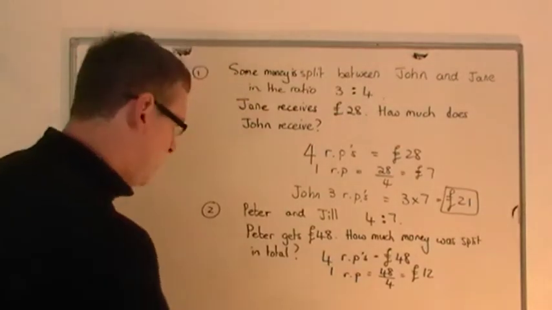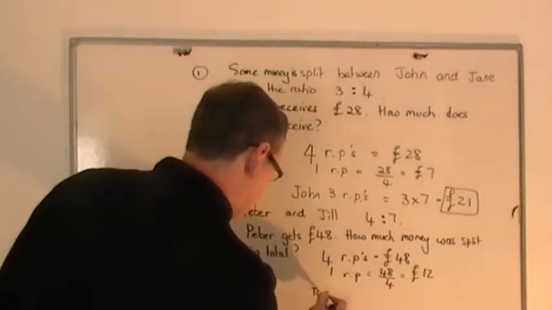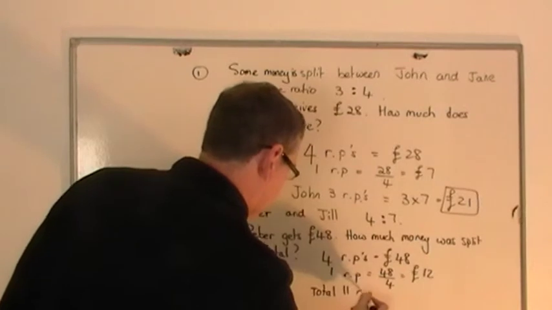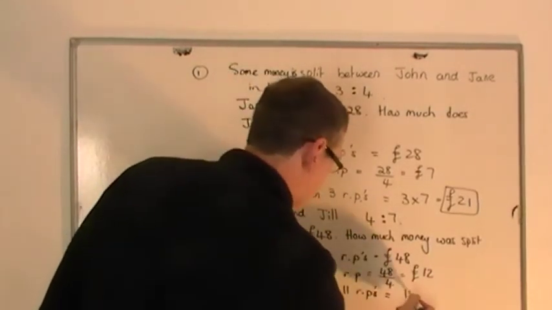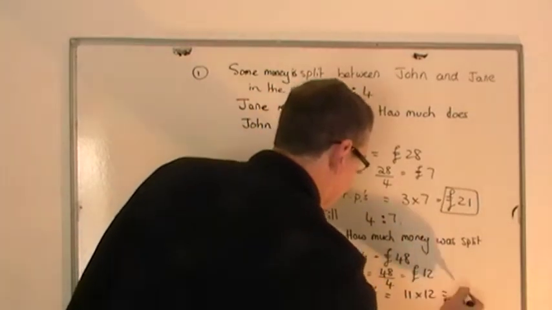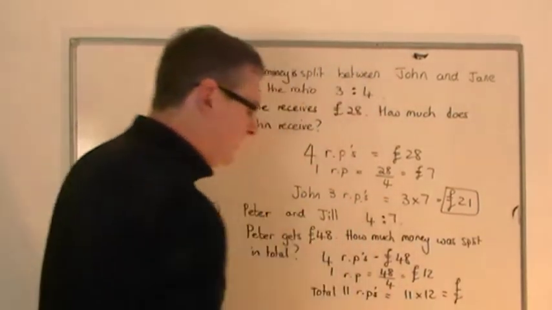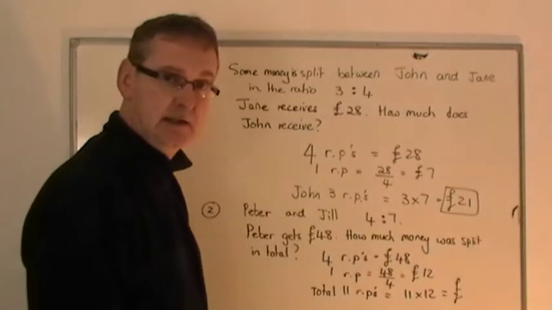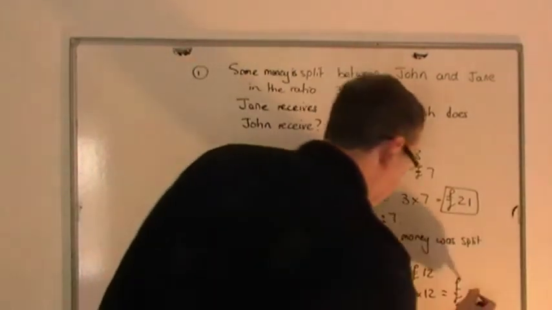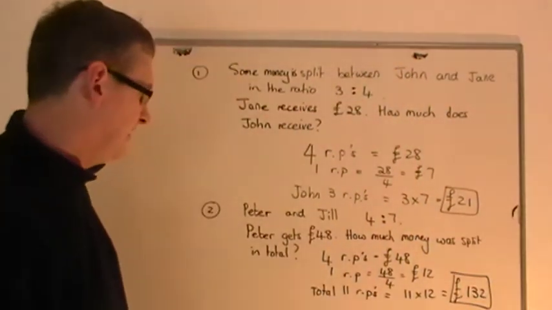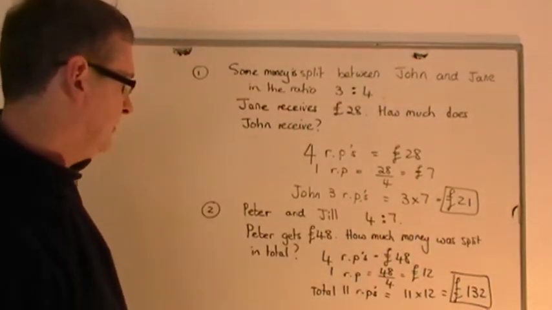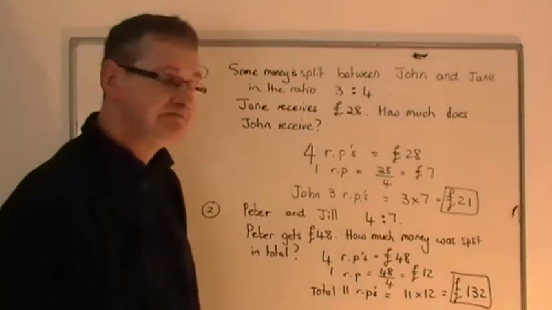So that's what I'm going to do. Let's say the total amount split is 11 ratio parts. So one part is £12, so 11 parts would be 11 12s. Well, 10 12s are 120, add another 12, £132. That's the total amount of money that is split between the two people. And it's as simple as that.